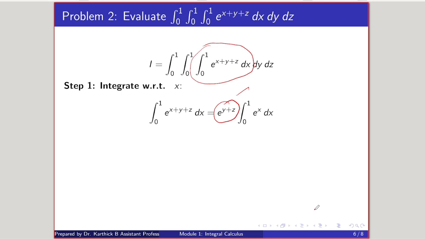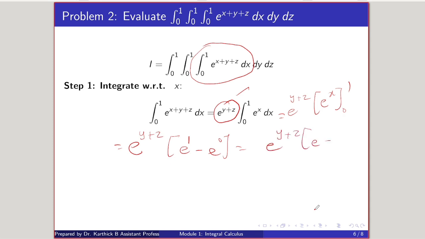While integrating e power x, again I will get e power x. So e power y plus z will be a constant and e power x from 0 to 1. So the final answer will be e power 1 minus e power 0. E power 0 will always be 1. So e power y plus z into e minus 1. This will be the answer.